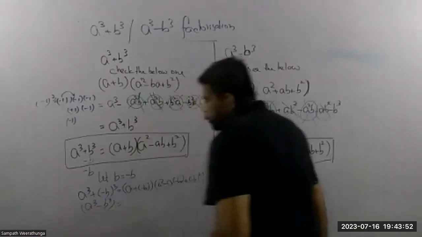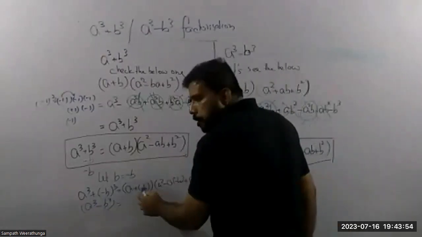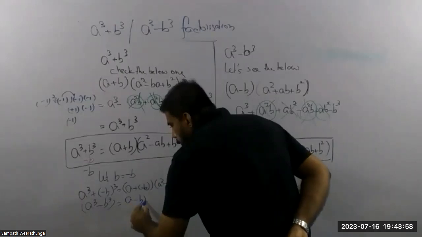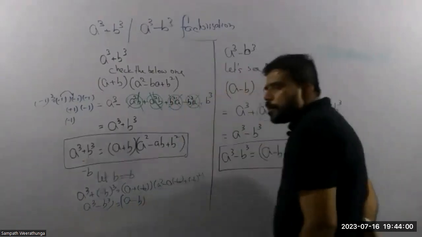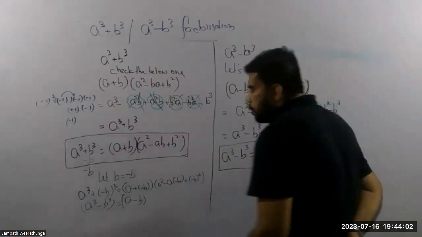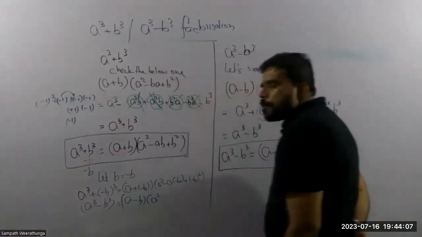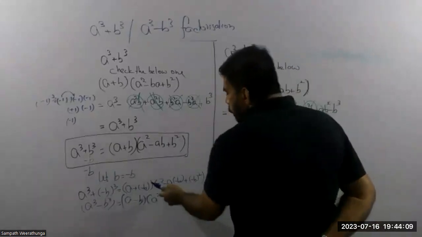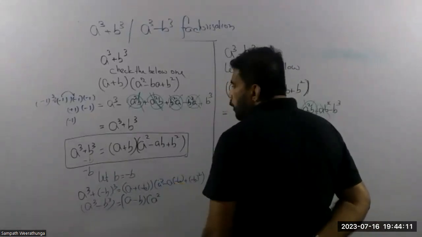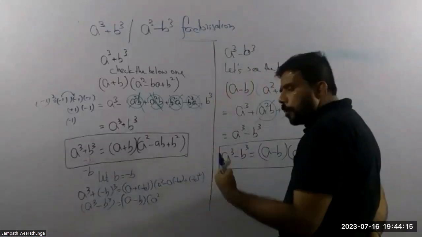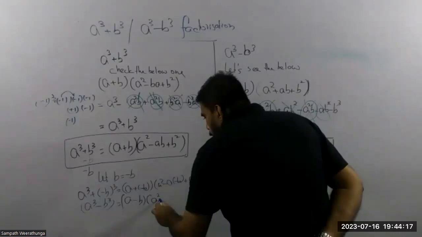And here again I'll remove this bracket. So minus comes out and I can write a minus b. Here a square, no manipulations we have done, but negative a into negative b, negative multiplied by negative is positive, so it ends up with a b positive.